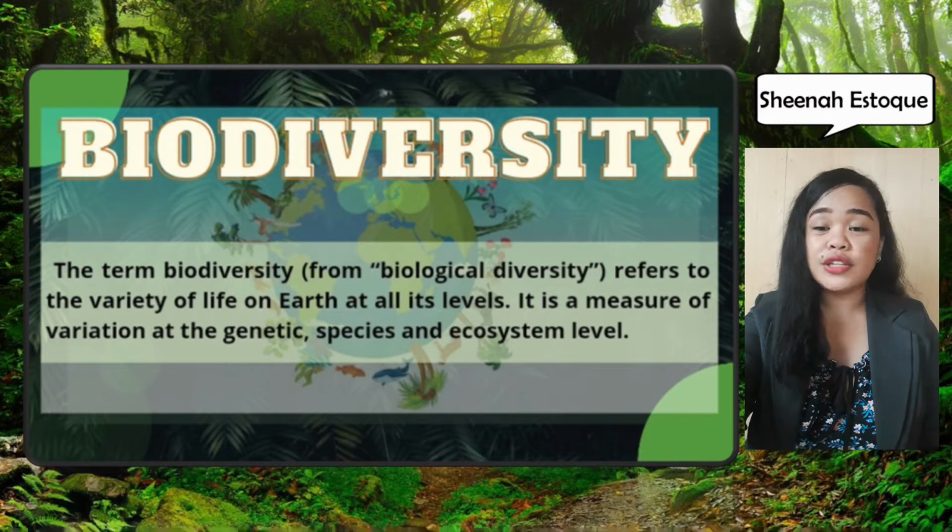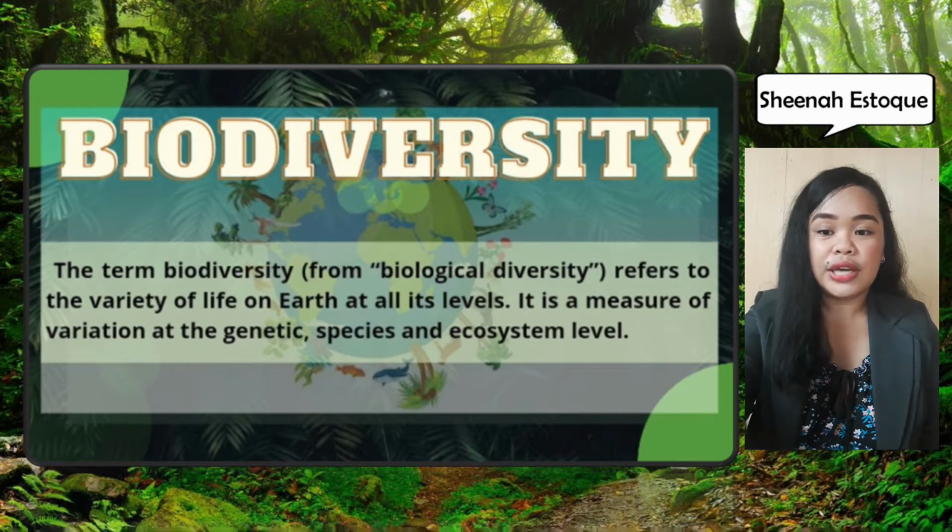Biodiversity is all the different kinds of life you'll find in one area: the variety of animals, plants, fungi, and even microorganisms like bacteria that make up our natural world. Each of these species and organisms work together in ecosystems like an intricate web to maintain balance and support life.